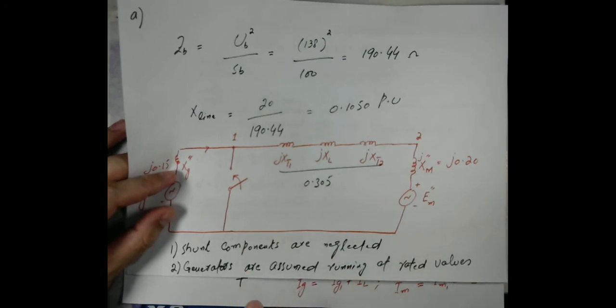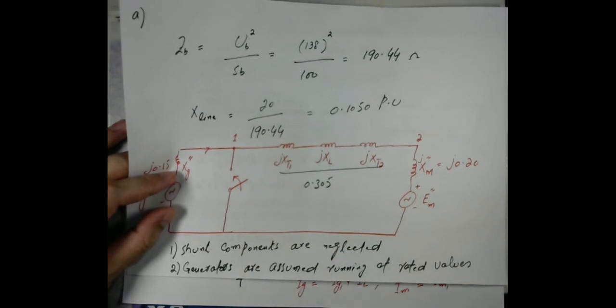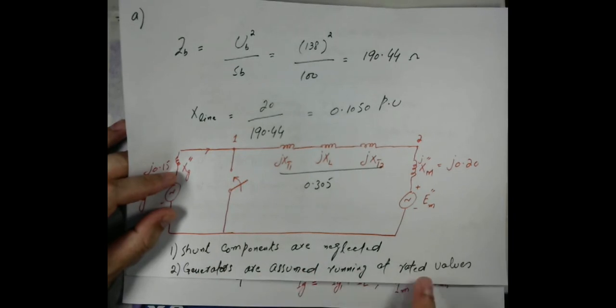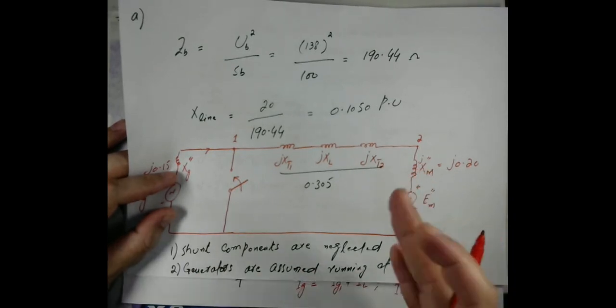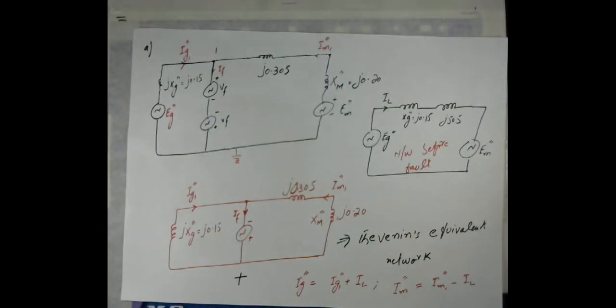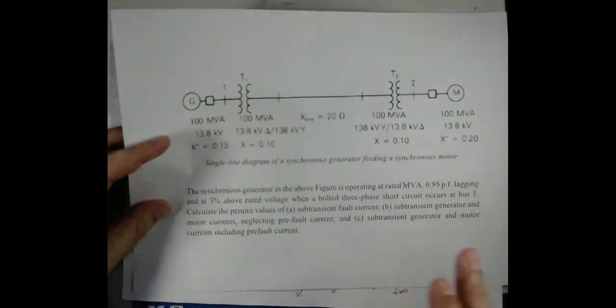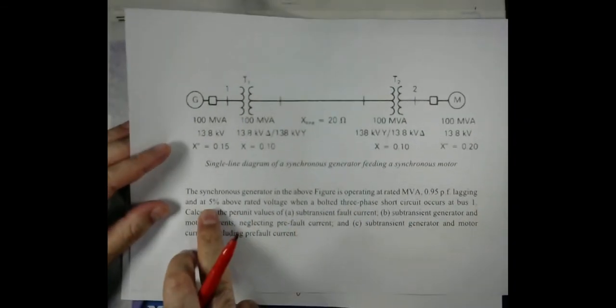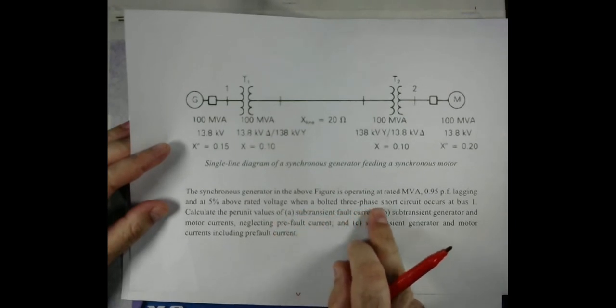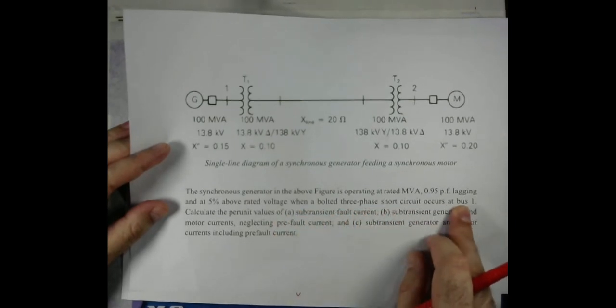The other important assumption was that even during the fault, or just at the time of the fault, we assume that the generators are still running at the rated values, or whatever values are given in the description of the question. If one looks at the question, it is mentioned that the generators are running at 5% above the rated voltage when a bolted three-phase short circuit occurs at bus number 1.